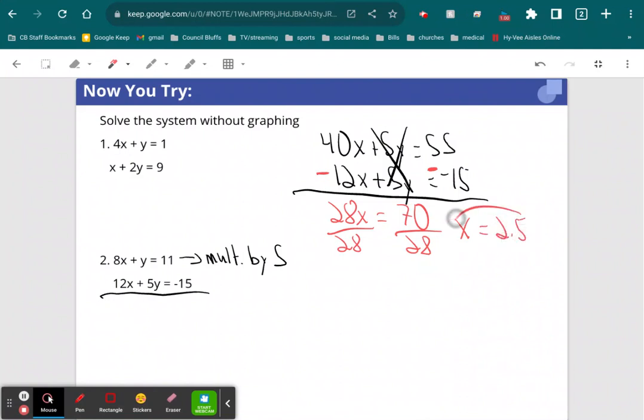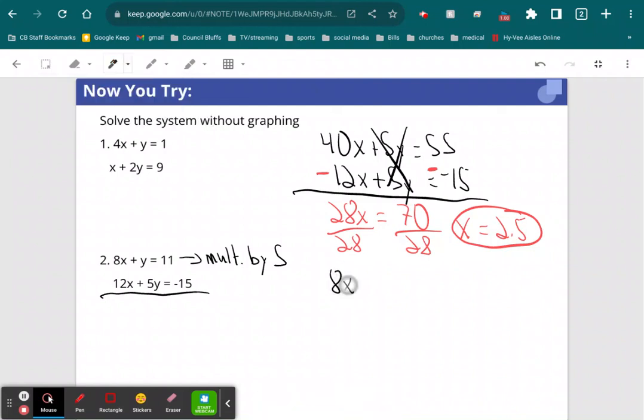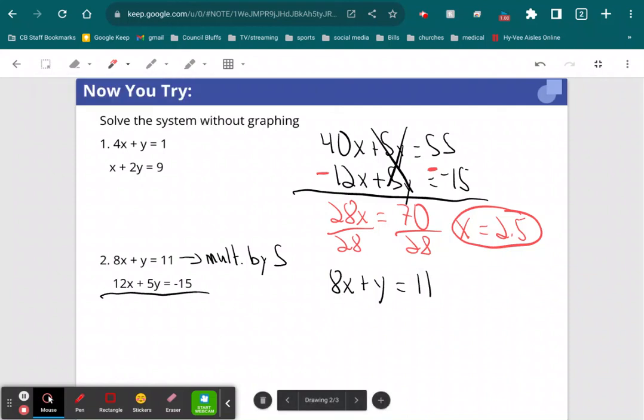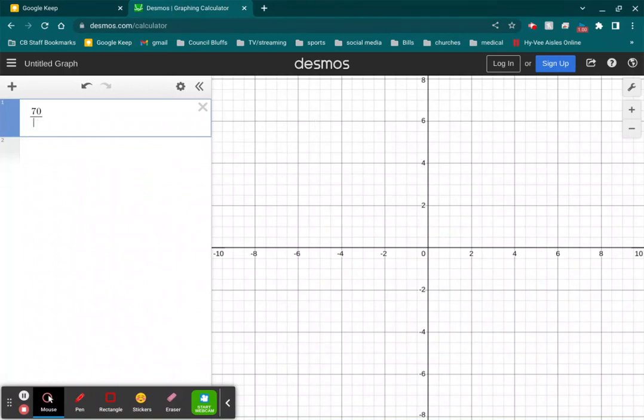Again, now I'm going to go back and choose one of the two original equations to find y. So I'm going to choose the first one again. 8x plus y equals 11. And I'm going to plug in 2.5 for x. So 8 times 2.5, and we can use a calculator again if we don't know how to do it. 8 times 2.5 is 20.